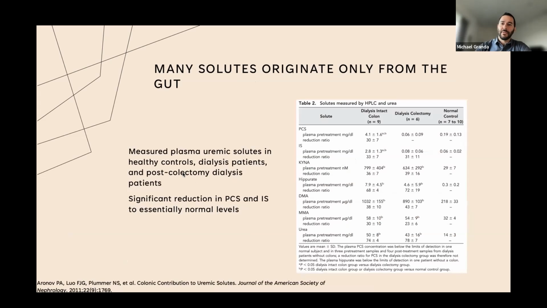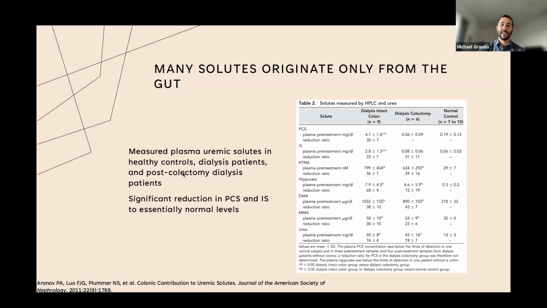While the source of all uremic toxins isn't necessarily clear, we know that the gut flora plays a significant role for many solutes, and all of the solutes that I'm talking about. This study was particularly drastic in showing the role the gut flora plays. It measured uremic solutes in healthy and ESRD controls, as well as ESRD patients after colectomy.